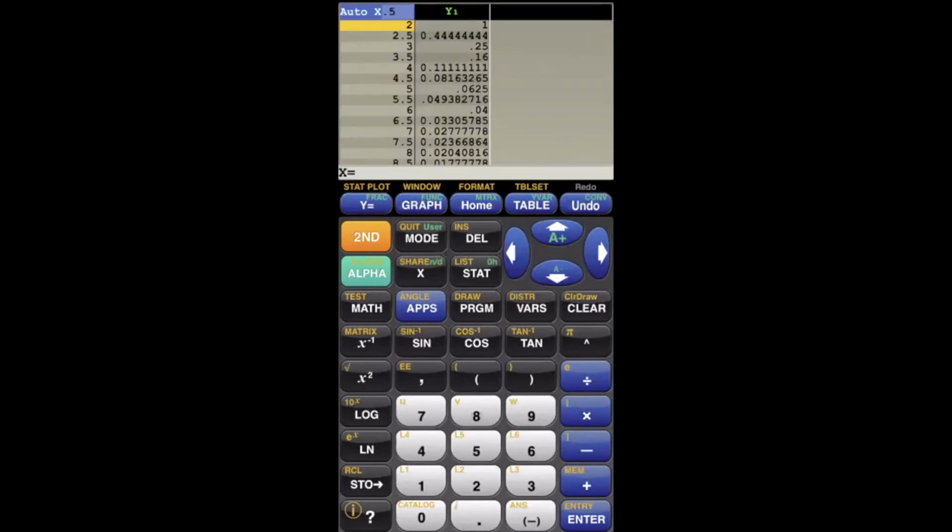All right, so the first 5 values corresponding to the values of x from 2 to 4 are the values of the y's that I'm going to put into my formula. So y0 is 1, y1 is 0.444, y2 is 0.25, y3 is 0.16, and y4 will be 0.111. All right, so let's go back to the tablet.